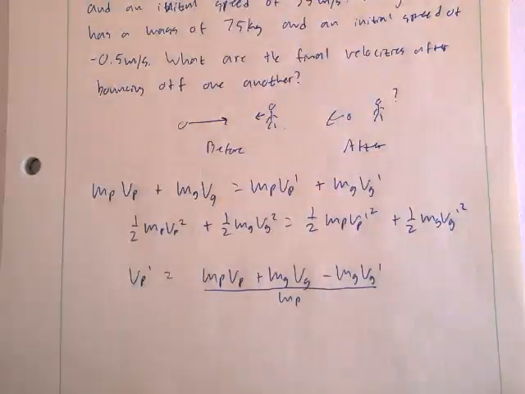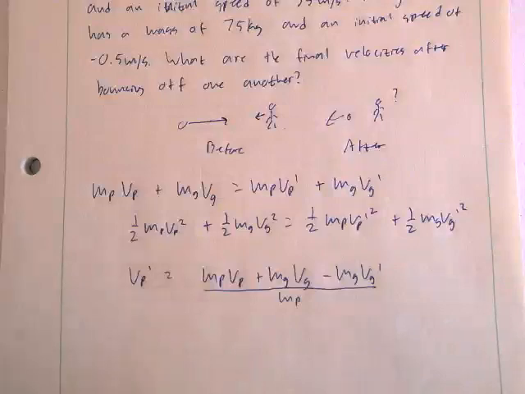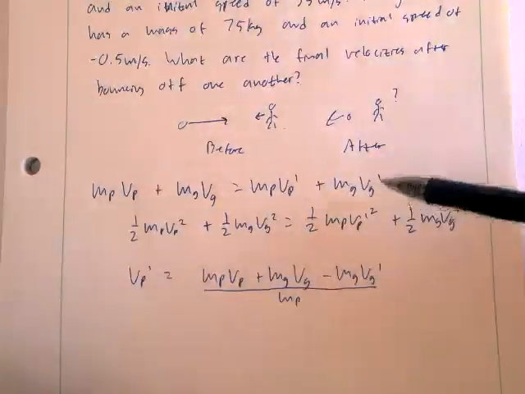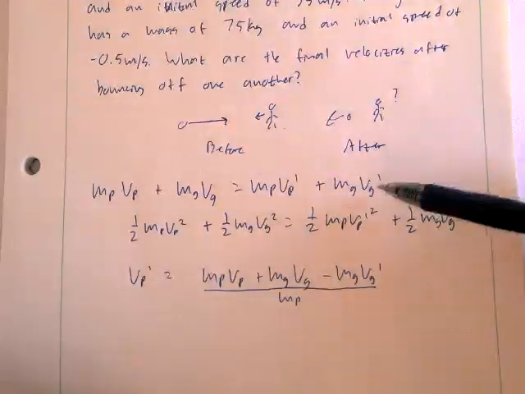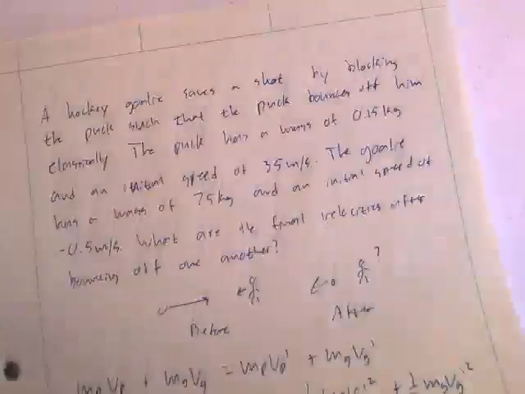There is a slightly easier way to do it, and even the easier way is still going to be lots of algebra, but I will show you some little shortcuts that we can do to make this a little bit easier. So let's rewrite our two equations. We still have these two equations, right? We have our conservation of momentum, we have our conservation of kinetic energy. Let's rewrite those and see how we can simplify these things.